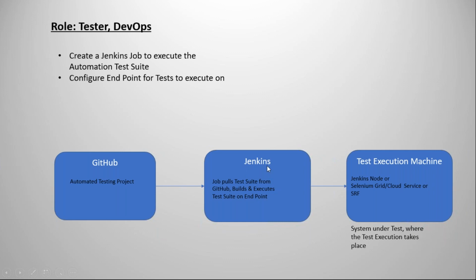So we are going to create, in fact, there's one already created, but we can have a quick look at it, a job in Jenkins that will pull that automated project from GitHub, because remember, all of our automation engineers are working on that same project, which is hosted on GitHub. So we can use Jenkins to pull that project, build it and execute it on an endpoint on a particular machine, or in the Selenium server or StormRunner Functional, wherever it may be. So execute the test suite and then pass those results back to Octane.